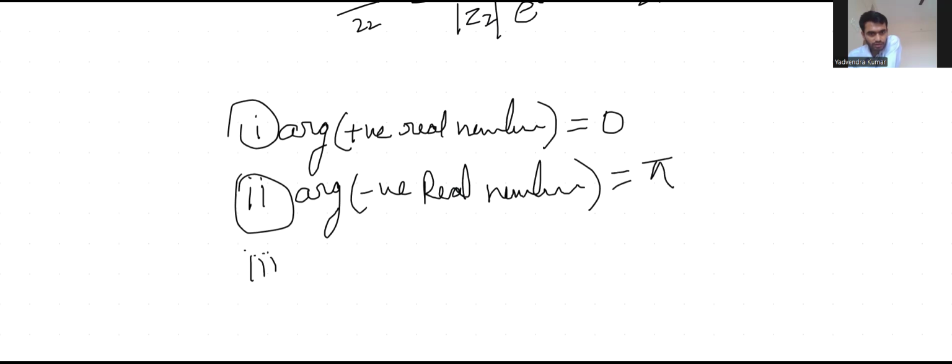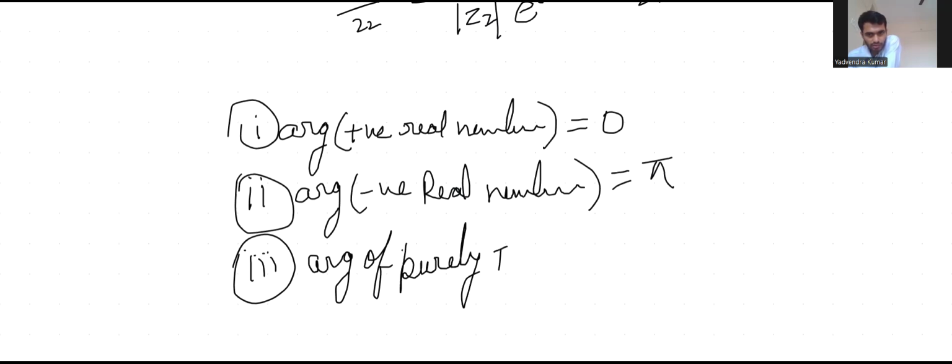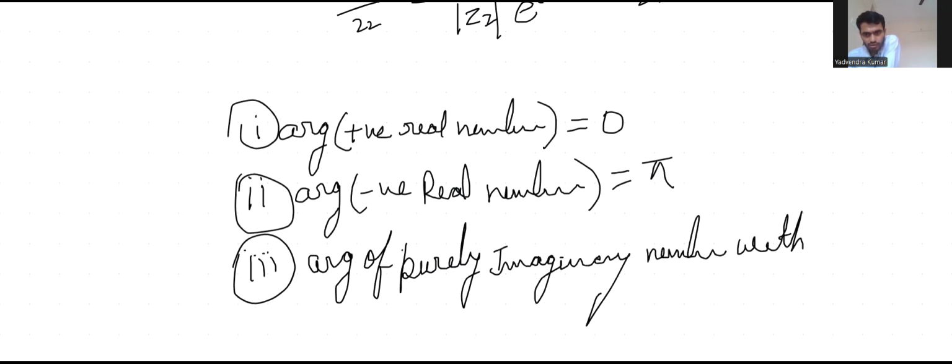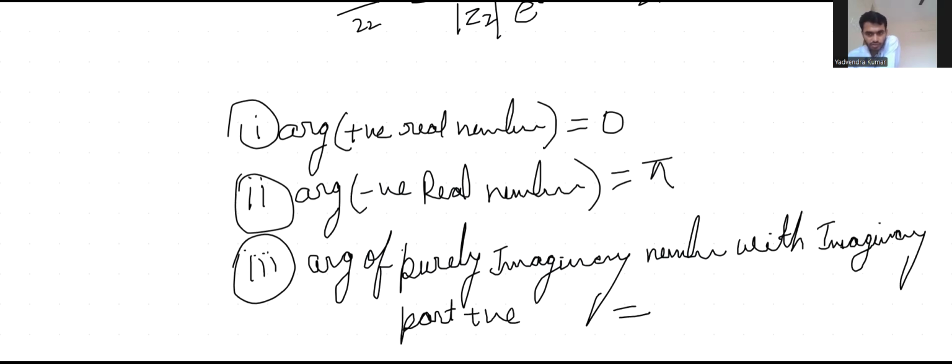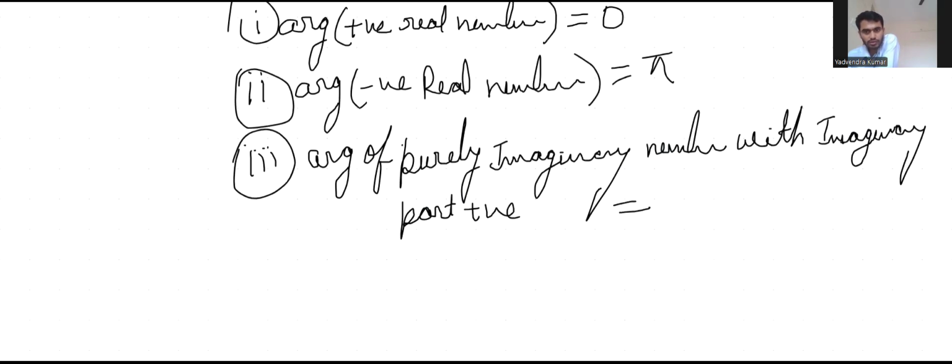argument of a purely imaginary number with imaginary part positive, then this is going to be pi by 2.